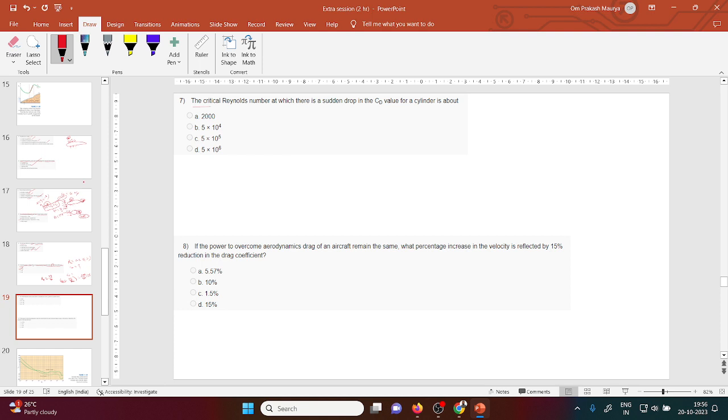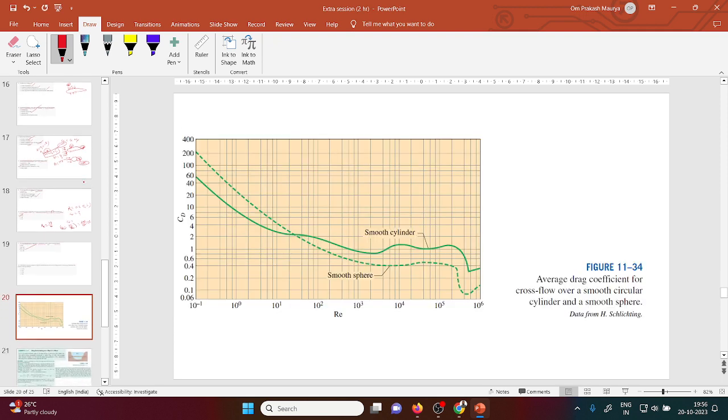The critical Reynolds number at which there is a sudden drop in the CD value of the cylinder is about, this is the only data. So option C is correct for this, right? I have a graph for you. This is the graph for a smooth cylinder.